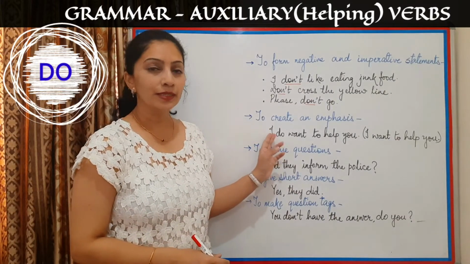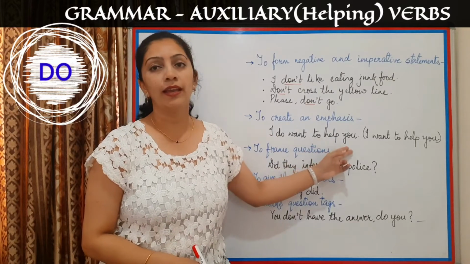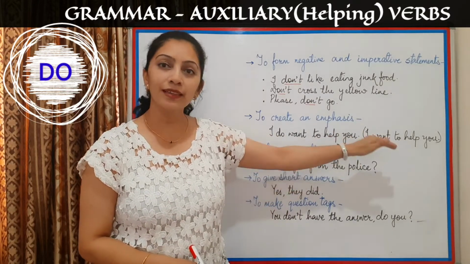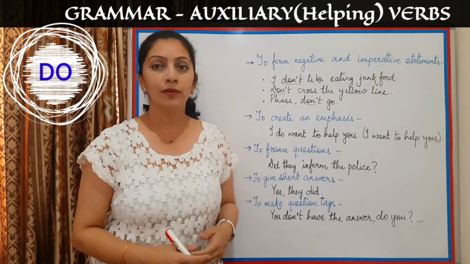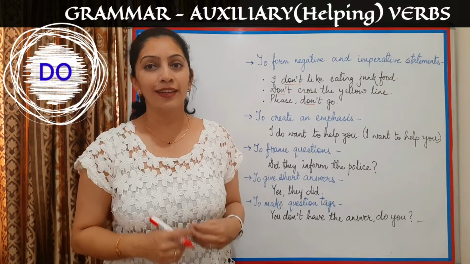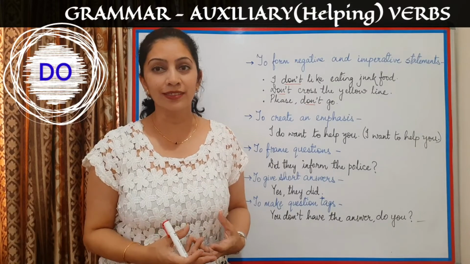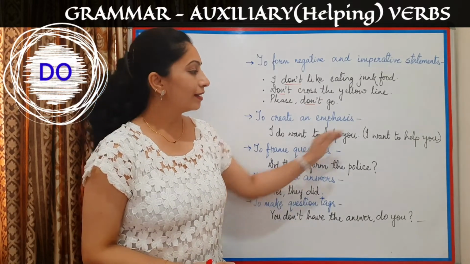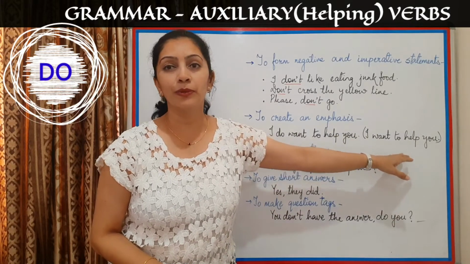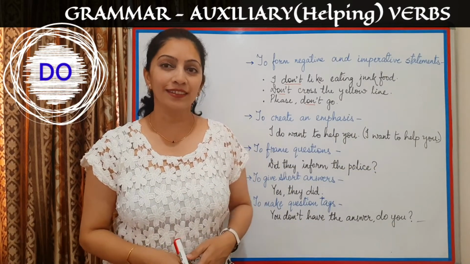And then it becomes, I do want to help you. The meaning is the same, but the intention of the speaker is a little different. When the speaker uses do, it means that he really wants that thing to happen. But just I want to help you is like any other statement.